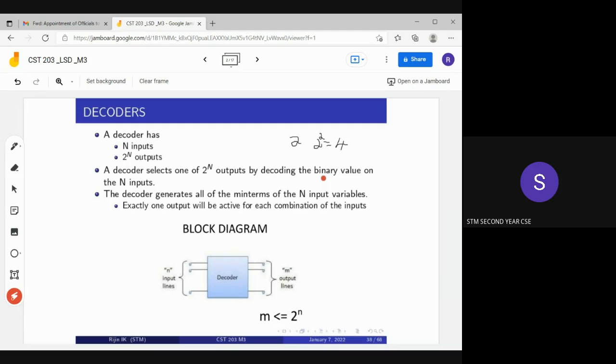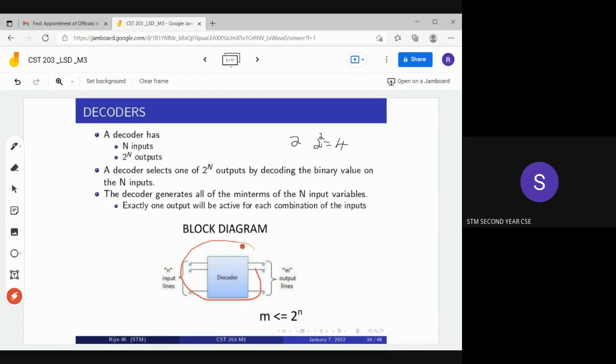Also, the decoder generates all of the minterms of the n input variables. Exactly one output will be active for each combination of the input. So that is the general description of a decoder.